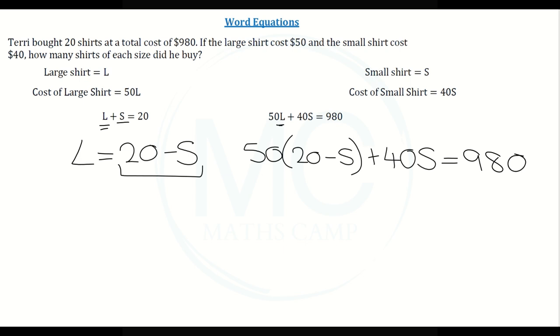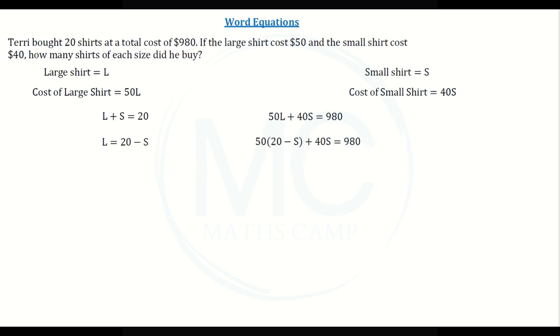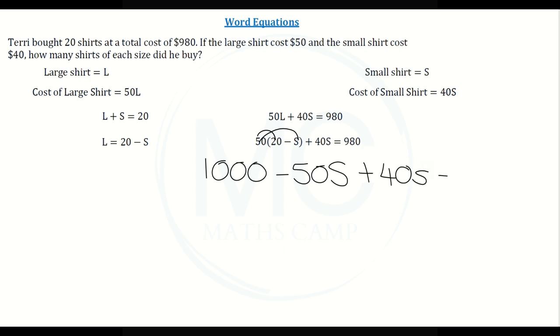And now I can expand my bracket. 50 multiplied by 20 gives me 1000. 50 multiplied by negative S is negative 50S. Then I add 40S, and it's equal to 980.